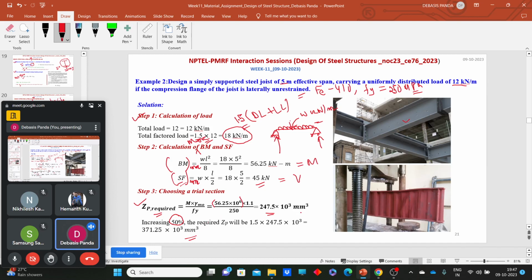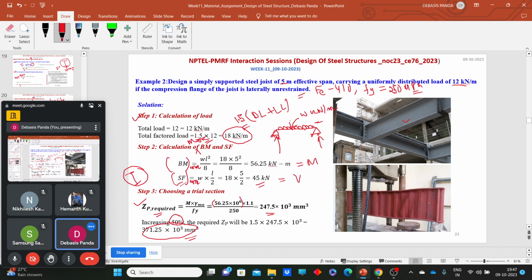Now you have a value of ZP. Now I need to look for a section whose plastic sectional modulus will be more than this. Here we are designing the beam using an I section. So go to your SP6, look for the I section, and start with the medium weight section.